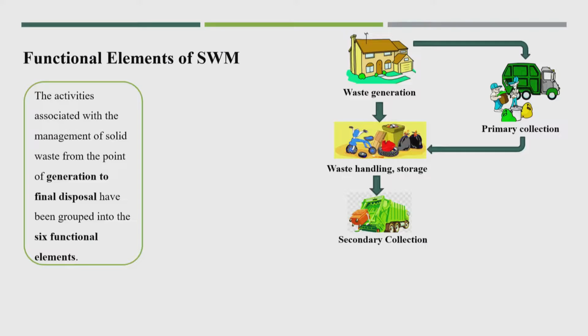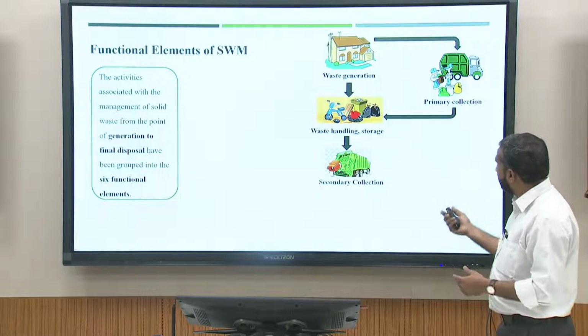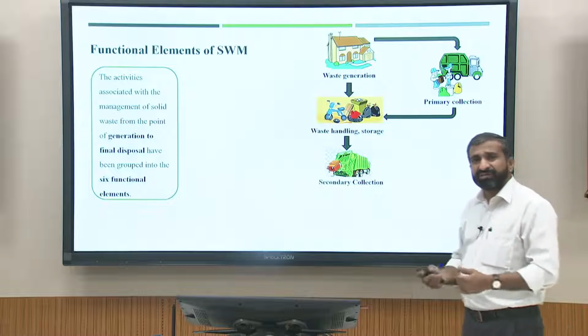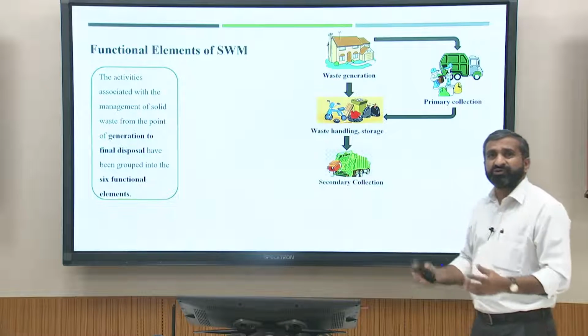And the third functional element is collection. This is one of the very important services or systems for solid waste management, which includes 2 types of collection. First is the primary collection. Under the Swachh Bharat Mission in 2014, most cities started house to house collection.